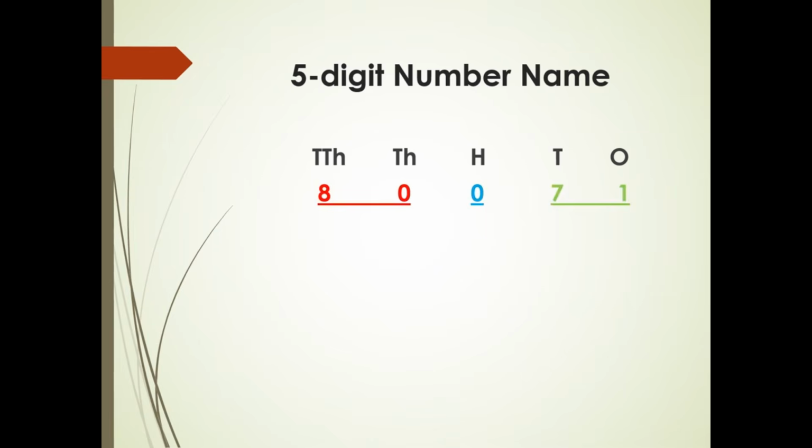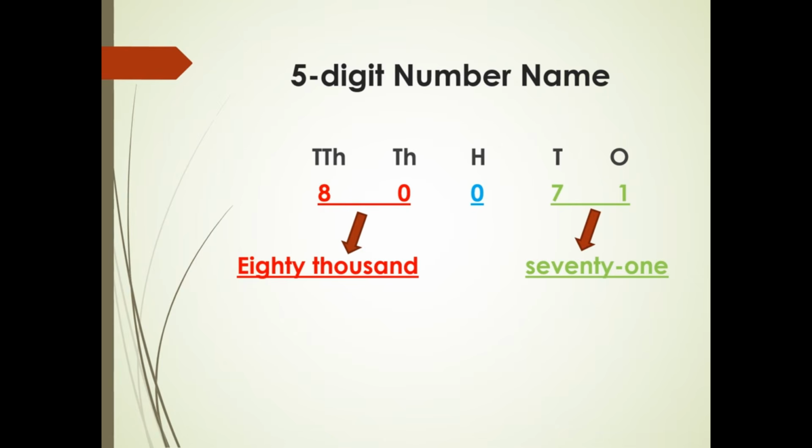The 10,000 and the 1000 digits will be named collectively as 80,000. The hundreds column has value 0, so it will not be written. The tens and ones column will be named 71. So the number name will be 80,071.